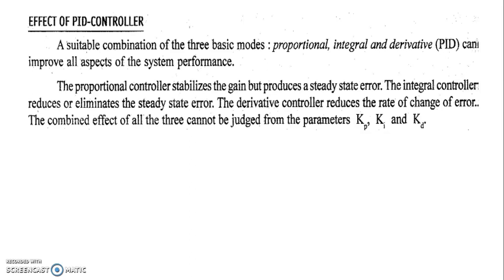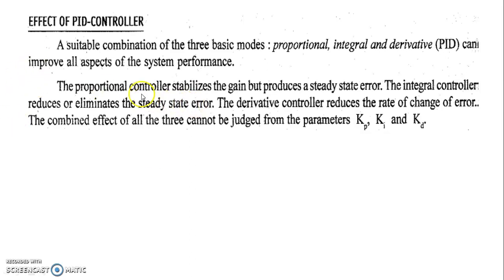Simply saying, we combine the advantages of the individual controllers to get better performance. That's the reason by combining all three individual controllers, we can get better performance of the particular system.